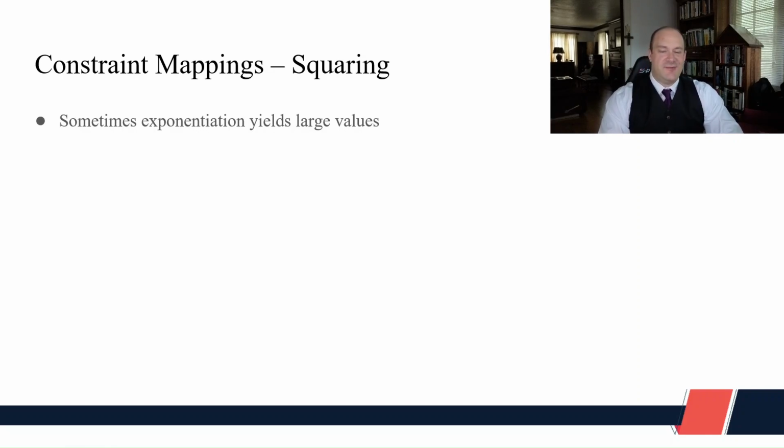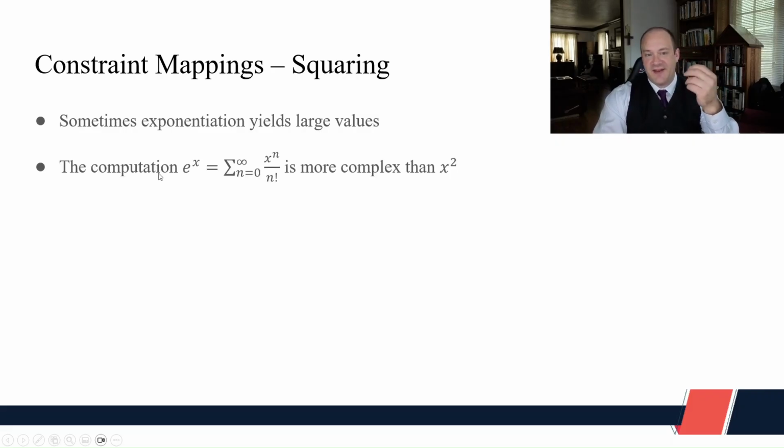I was getting warnings because of things overflowing and whatnot. And I think some of that was because exponentiation yields large values. The other thing is the computation itself. When you write exponentiation as an infinite sum, it contains a squaring term. Mathematically, we know it's more complex computationally, right? Because squaring is simply one piece of this expansion here, and we just confirmed that when we were looking at the R code.